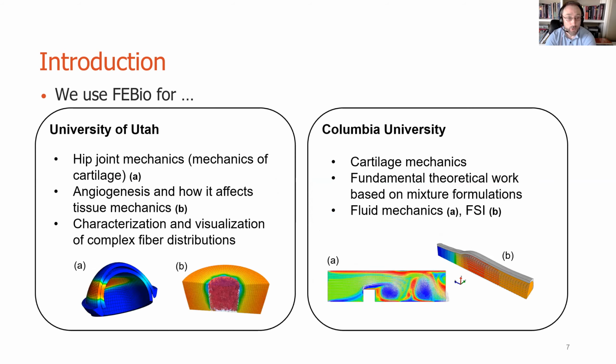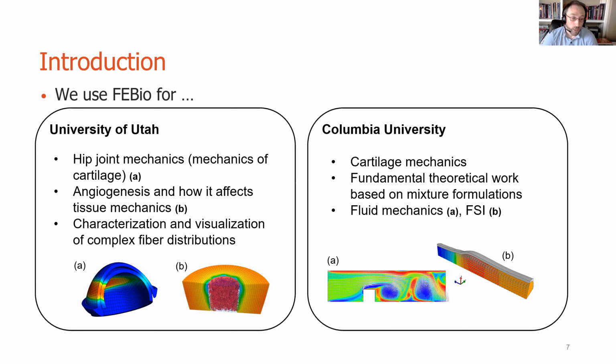Of course we use FEBio ourselves, and so just to give you an idea what we are using FEBio for currently. As I mentioned, it's a collaboration between the University of Utah and Columbia University. On our end, we're using FEBio to do various types of joint mechanics. Our current focus is mostly on the hip joint, and then specifically on the mechanics of cartilage, both in healthy and pathological conditions.